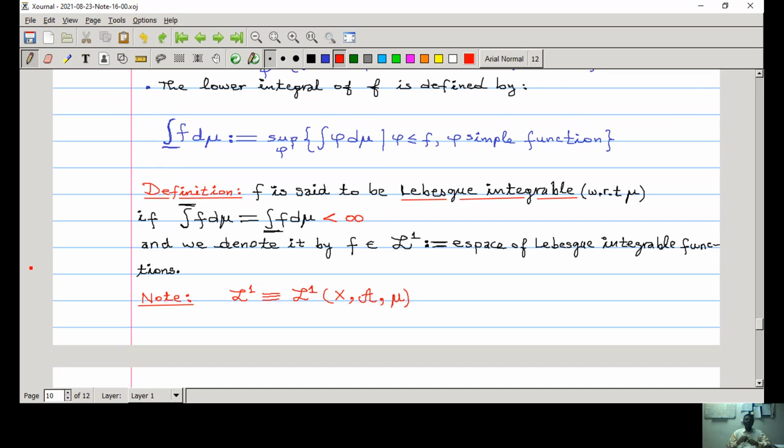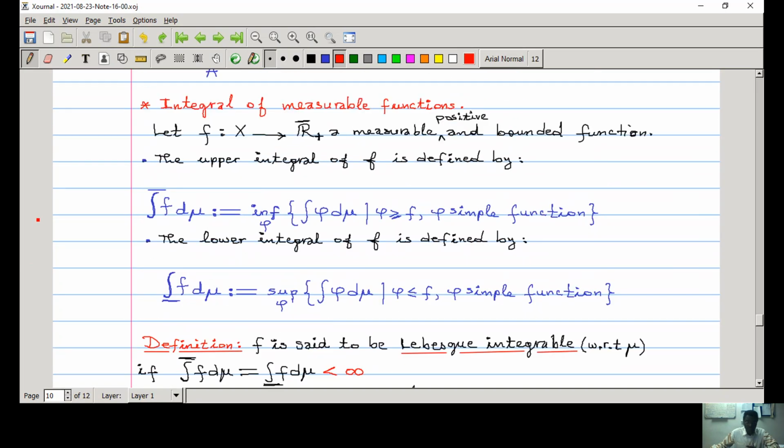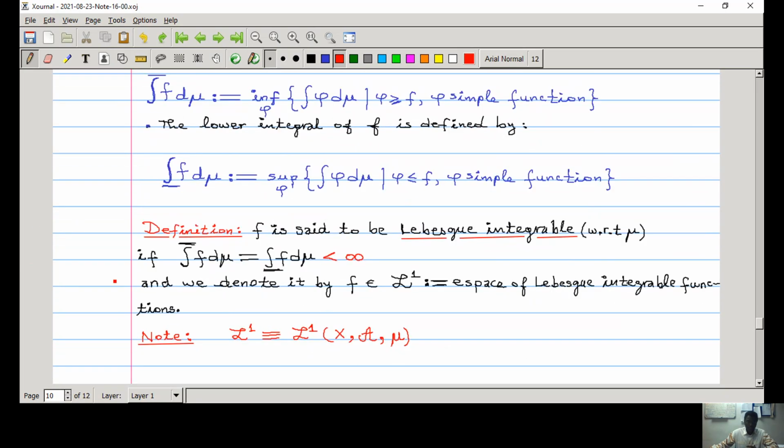Okay, now the Lebesgue integral of this measurable function. In fact, the function will be Lebesgue integrable if the upper and lower integrals are equal and if they are both finite, right? So that's what I indicated here.